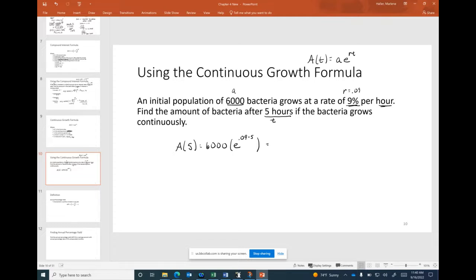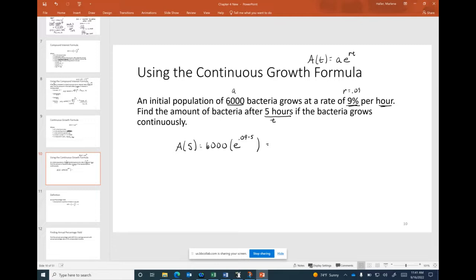Plugging that into our calculator, we have 6,000 times, I'm going to use my e to the x key. This is a little easier than having to put a caret and everything to get into the exponent.